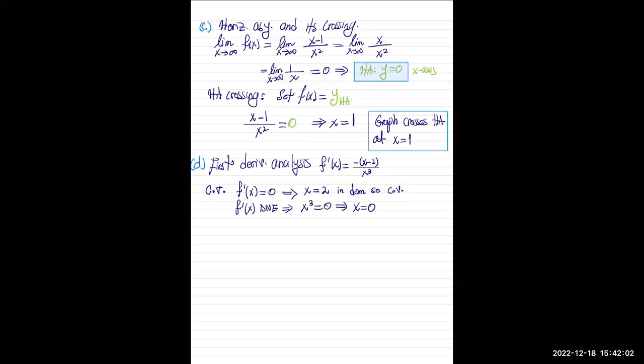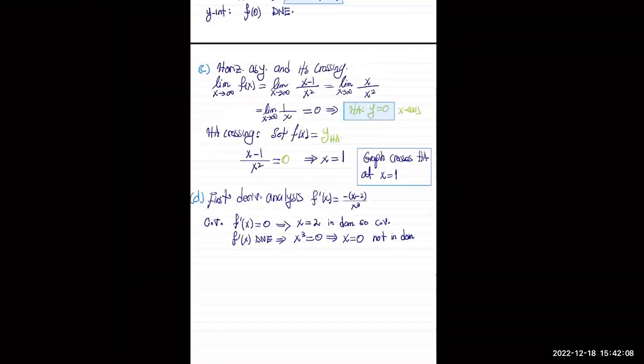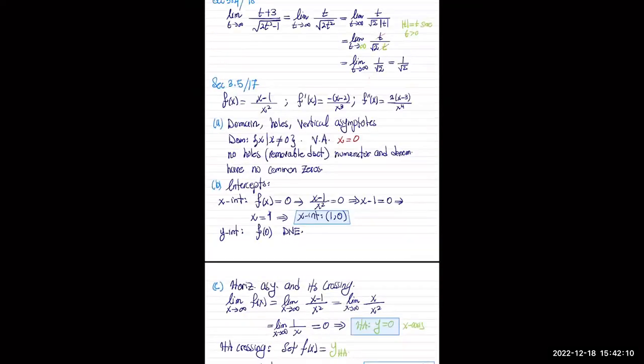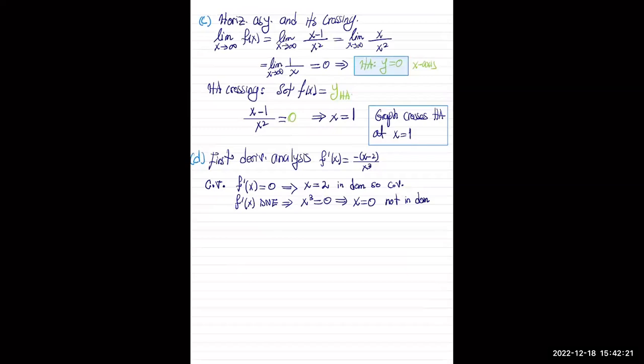This is not in the domain, because the function has 0 excluded from its domain. If you find a critical value and the number is the same as the exclusion of the domain, then that just can't be a critical value.